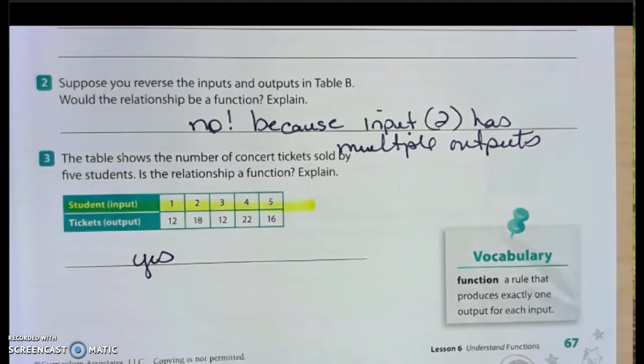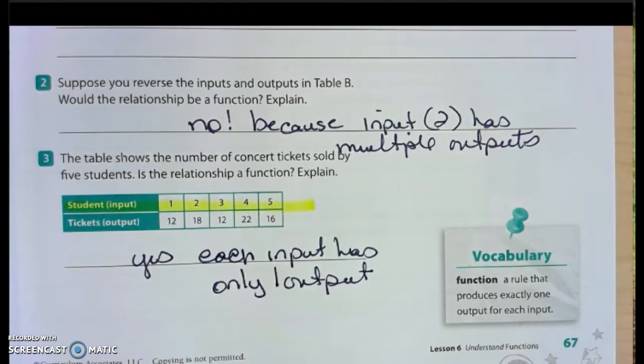If I'm student 1 and I sold 12 tickets, okay, I can't turn around and go, oh, I'm student 1 and I also sold 15 tickets. Right? They sold one amount of tickets because whoever you were telling this to would have been like, okay, well, honey, you need to add 12 and 15 because that is your total. Okay? It's not 2 outputs, it's just the one.